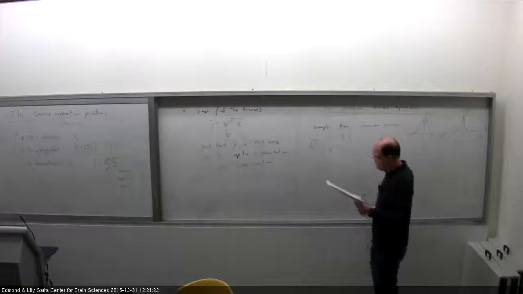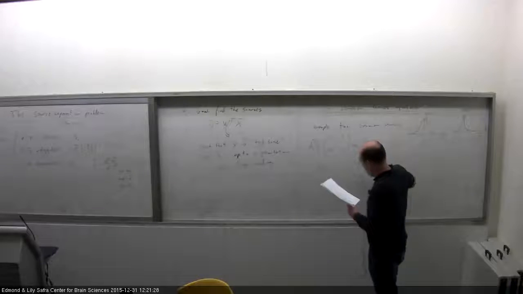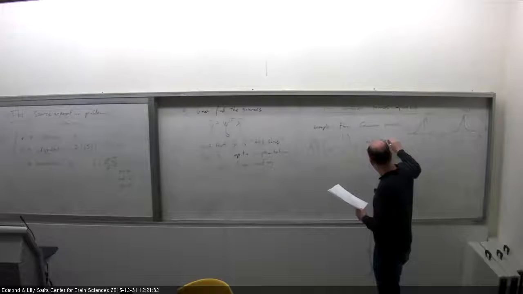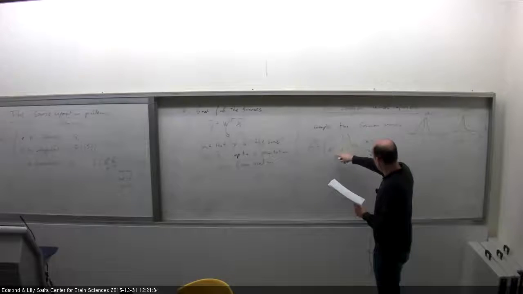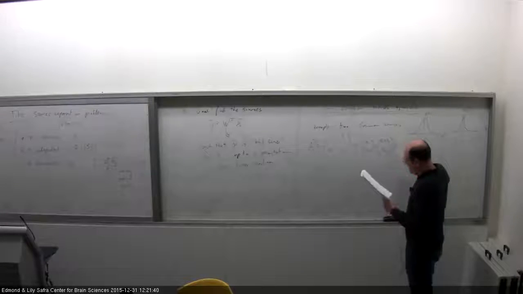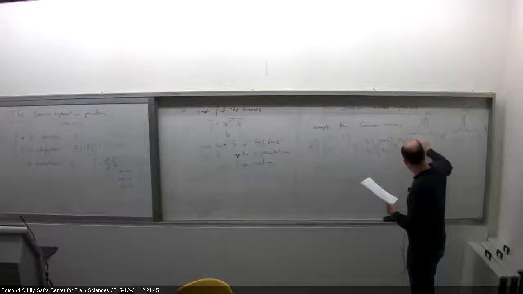If this is the matrix, it means that for the vector x1, x2, x1 is s1 plus s2, and x2 is s2. So I can think about it as the vector s1, 0 plus the vector s2, s2.